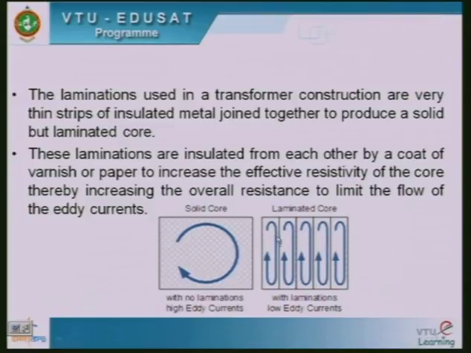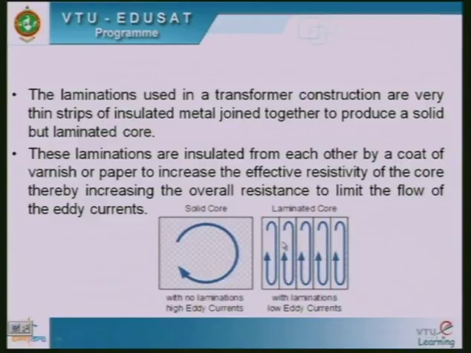Because this area is reduced, the resistance offered will be larger. Therefore the eddy current in this lamination will be much smaller compared to the induced current in this bigger rectangular core. So this is how I can minimize the magnitude of eddy current losses induced in the core of the transformer.